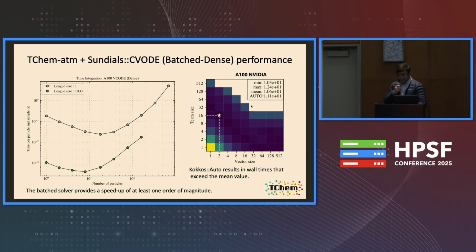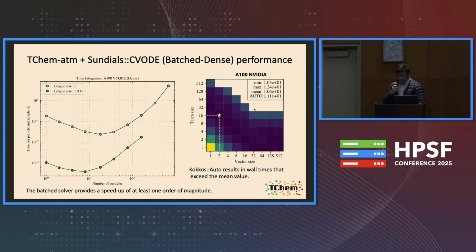This plot right here shows one interesting thing. In our previous experiments, we found that we need to use big team sizes because we are using batch size equal to 1. But here we found that the sweet spot is actually in the middle.